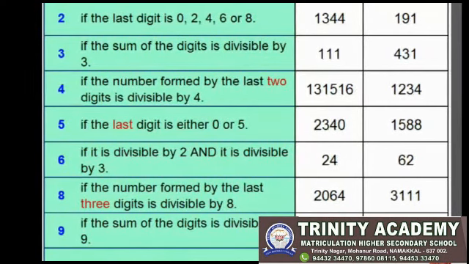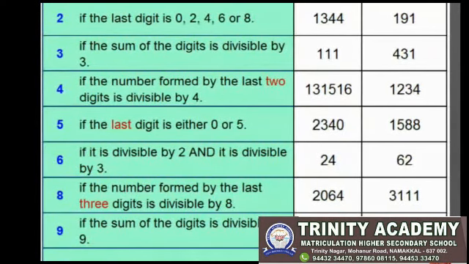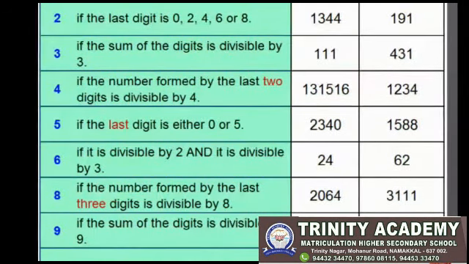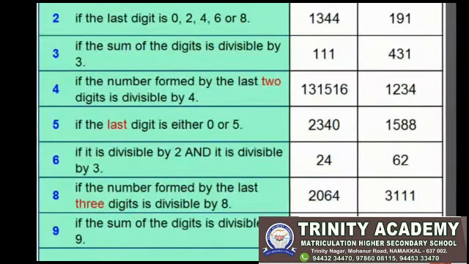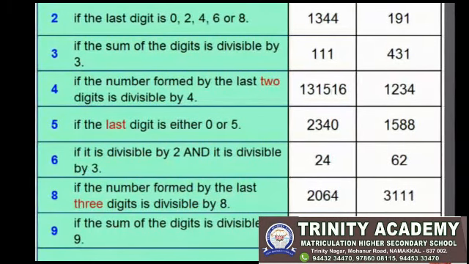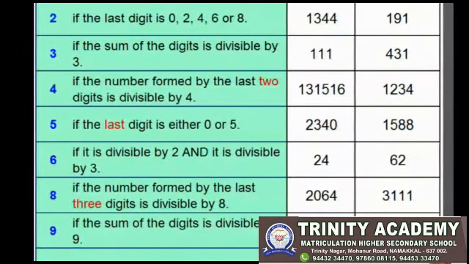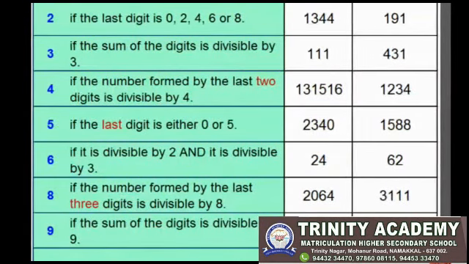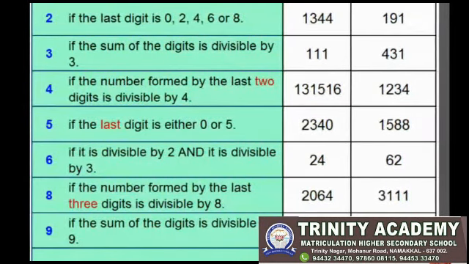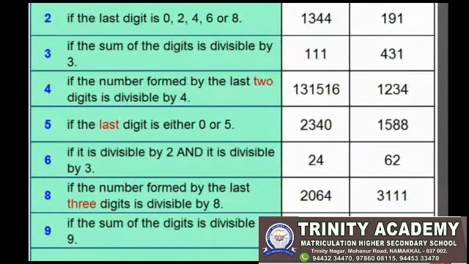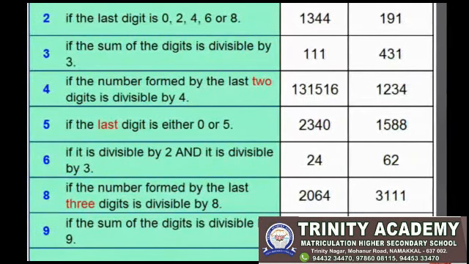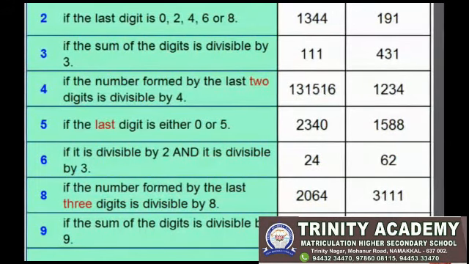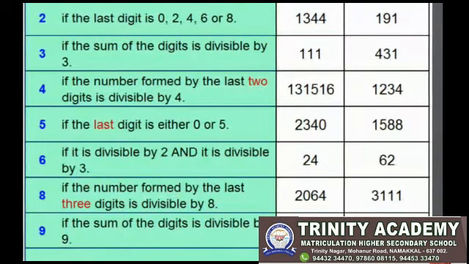Divisibility by 3: if the sum of the digits, meaning you add all the digits of the given number, is divisible by 3, then the number is divisible by 3. Divisibility by 4: if the number formed by the last two digits is divisible by 4. Divisible by 5 if the last digit is either 0 or 5.